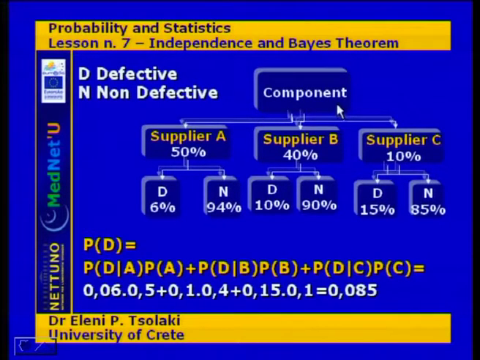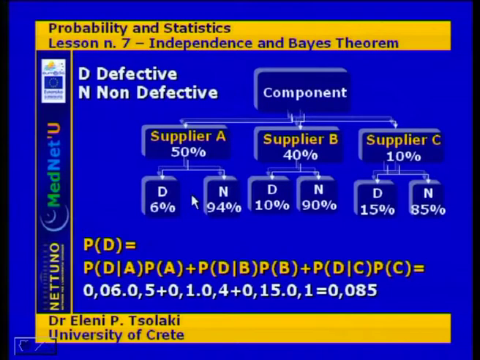So we have the component supplied 50% from A, 40% from B, and 10% from C. From the components produced by supplier A, 6% of them are defective and 94% non-defective.